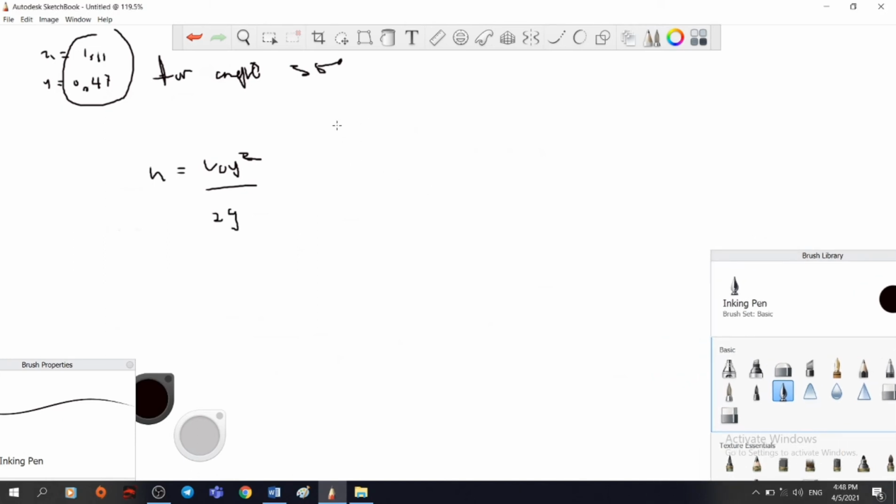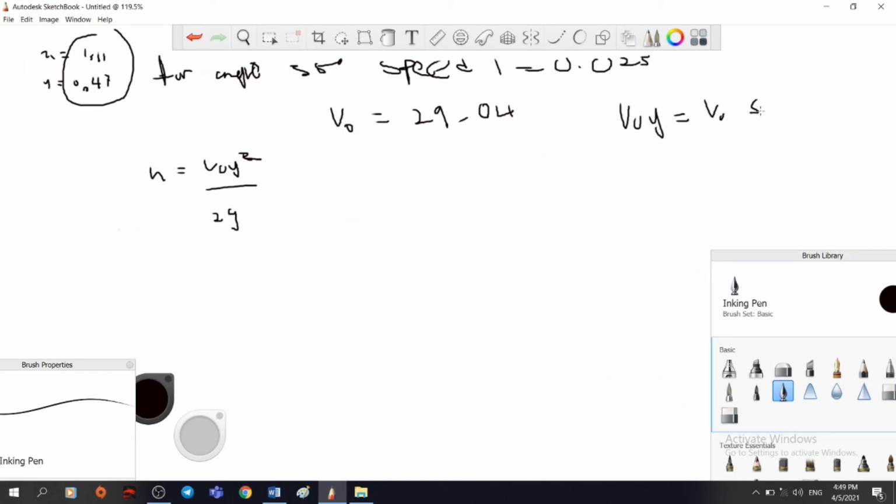So for angle 35 with speed 0.025, the velocity is 29.04. As we know, V0y equals V0 sine theta.